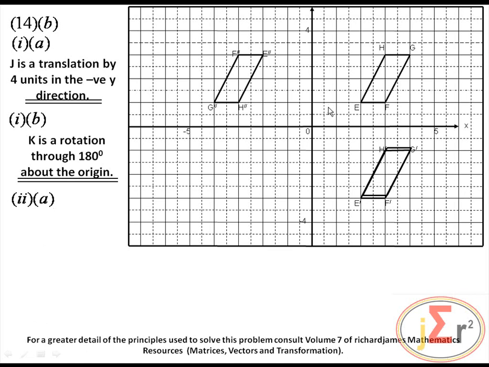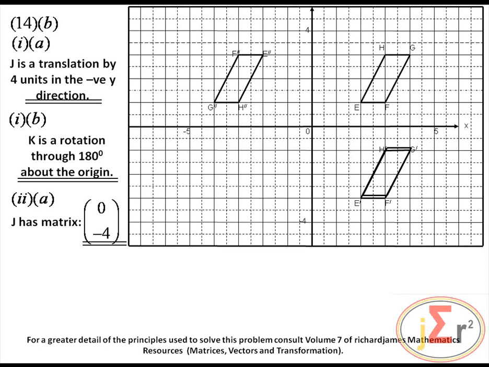Write the matrix which represents the transformation described above as J. J has matrix 0, -4. The matrix of a translation is a column matrix that is generally added to the point that we transform.